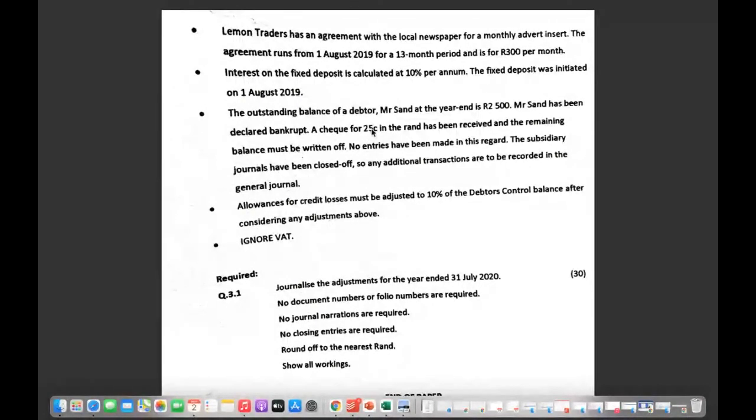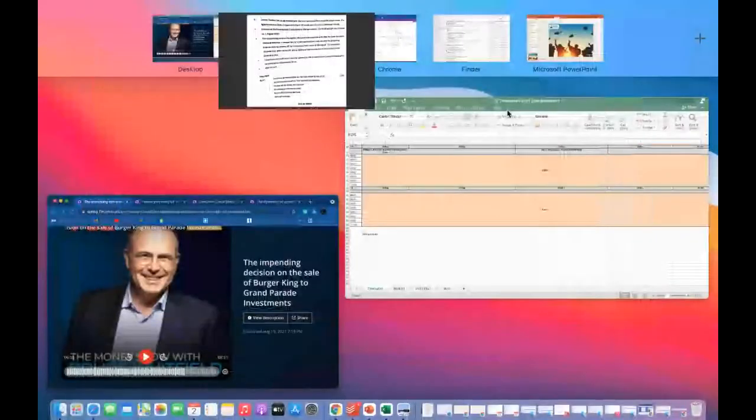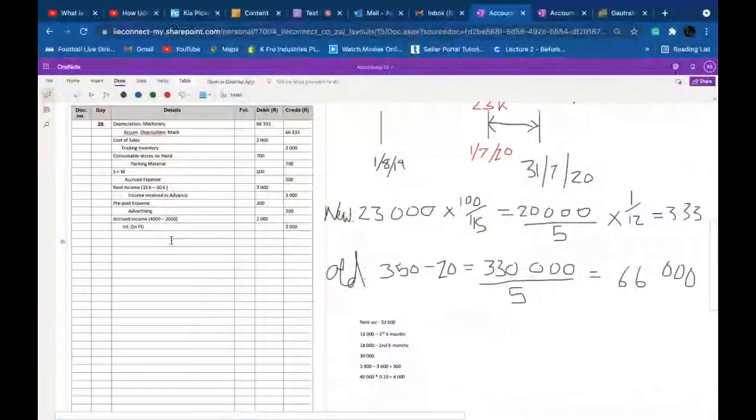So first things first, we've received 25 cents in the rand, in other words 25% of this 2,500. That's the easy thing to record right there. We know that when we receive money, bank is going to be affected. And then obviously our debtors control is also going to be affected. Why?